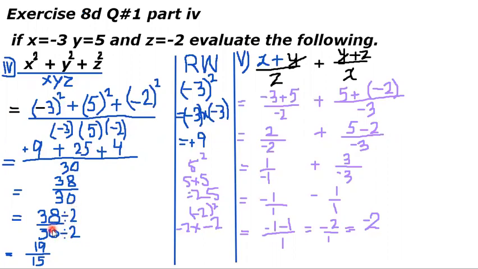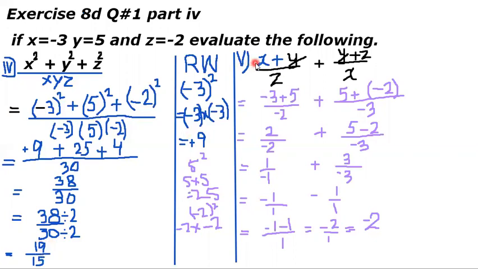You know how to change a fraction into lowest term. You divide 38 by 2 and you divide 30 by 2. 38 divided by 2 gives us 19, and 30 divided by 2 gives us 15. You should remember not to forget to change a fraction into lowest term. 19 upon 15 is the lowest term.